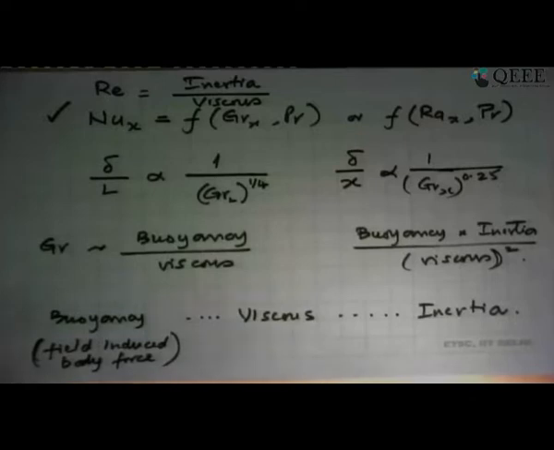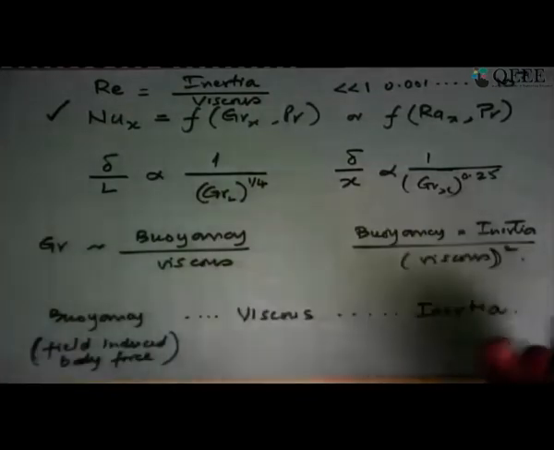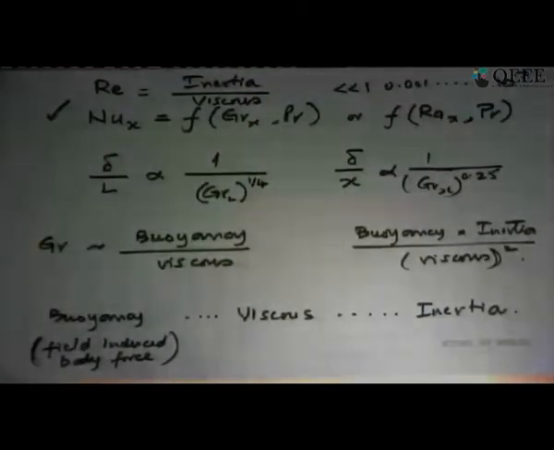So if you have a lot of inertia, the ability of the viscous forces to drag it down is less. That's what Reynolds number was telling us. There we had extreme cases where Reynolds number is very much less than 1, you could start with Reynolds number 0.001, and in practical applications you may go to Reynolds number 10 to the power 7, 10 to the power 10. So we have a very large range of Reynolds number that we are working with.